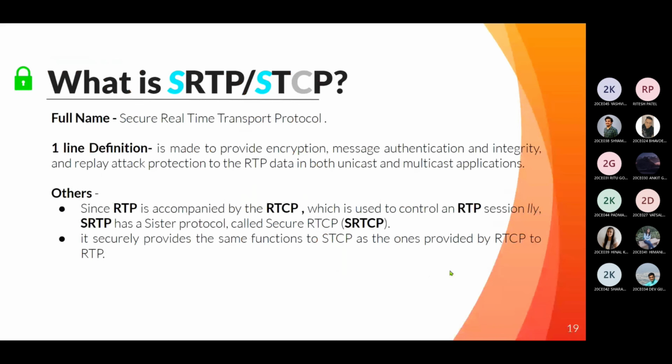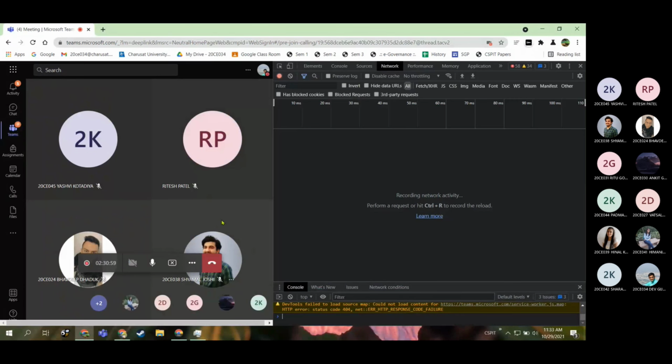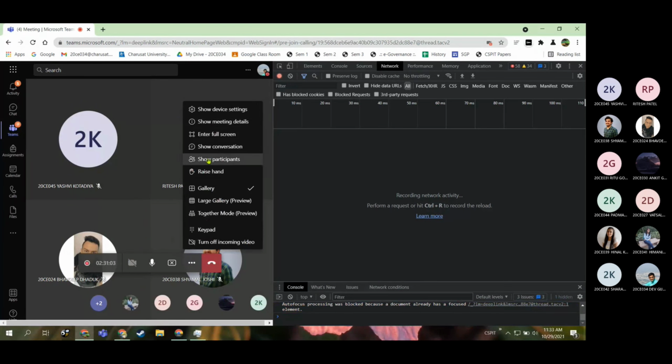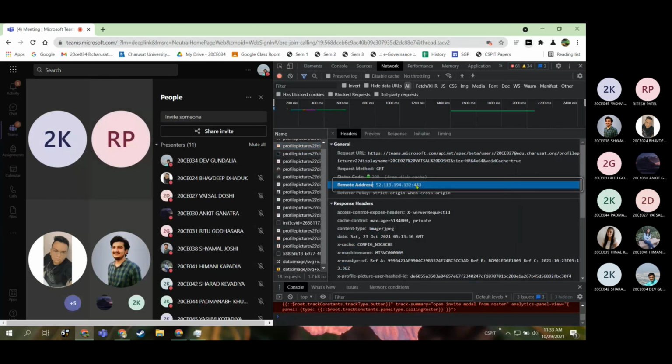As we are communicating with Microsoft Teams now, I need the IP address of Microsoft Teams in this network. So if I do some action here, I can see that the Microsoft IP address is 52.113.194.